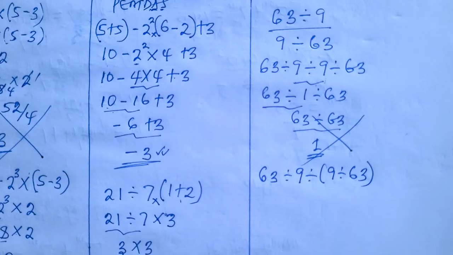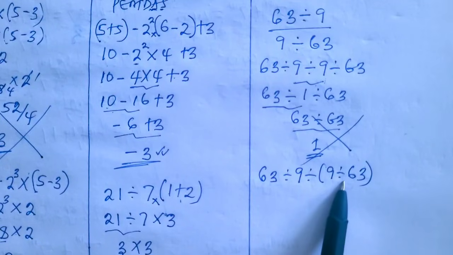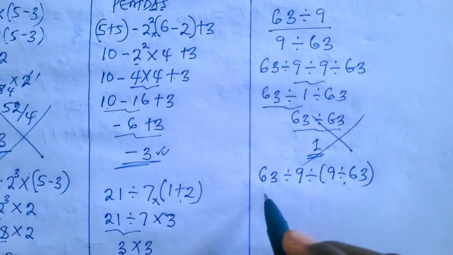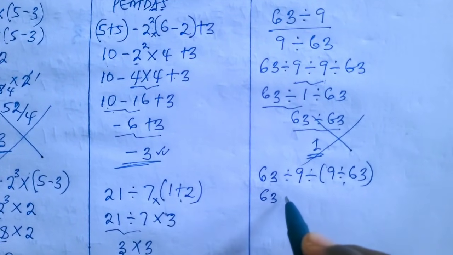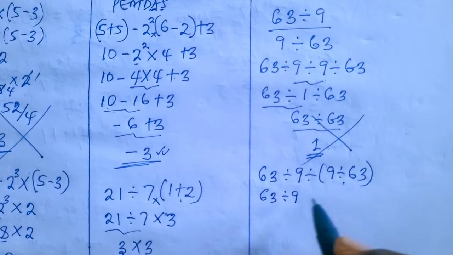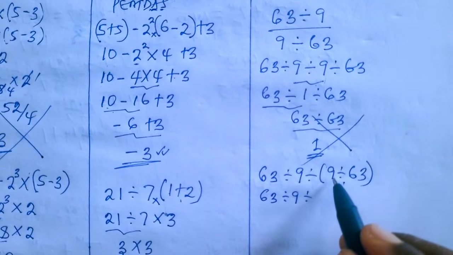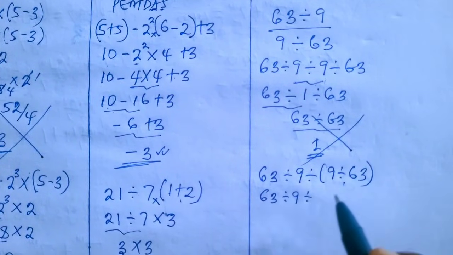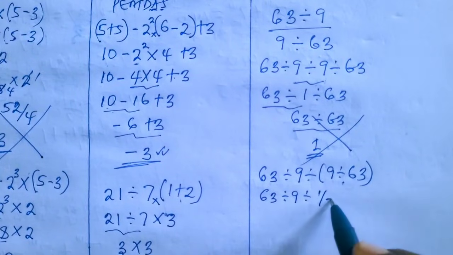And at this point, following the PEMDAS rule, we are going to first of all consider this term in the parentheses. We first simplify this, and the expression becomes 63 divided by 9, then divided by 9 divided by 63, that will give us 1 all over 7.